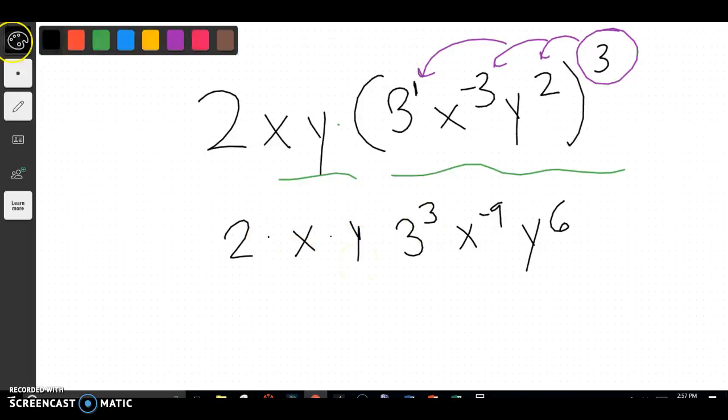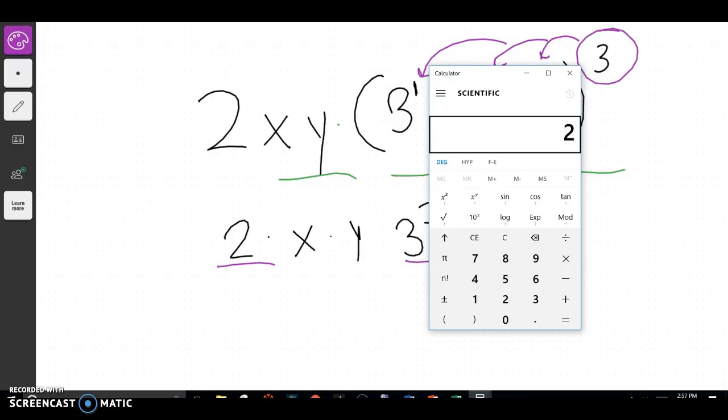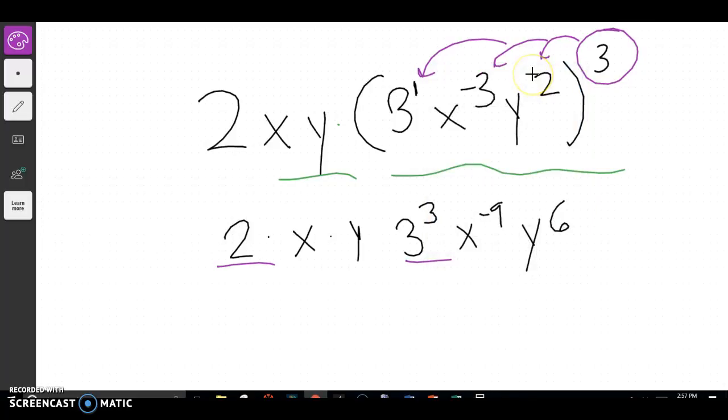And again, at this stage, I want to combine all of my like terms. So I want to do 2 times 3 to the 3rd, which would be 2 times 3 times 3 times 3. So that'd be 54. I want to combine my x's.